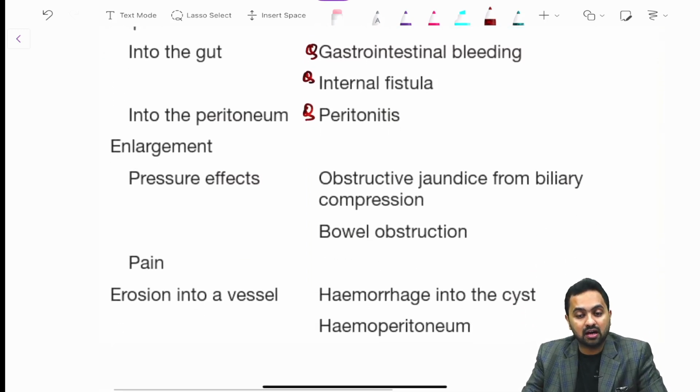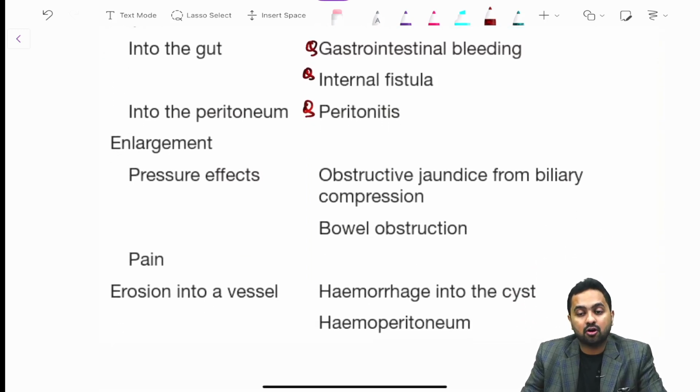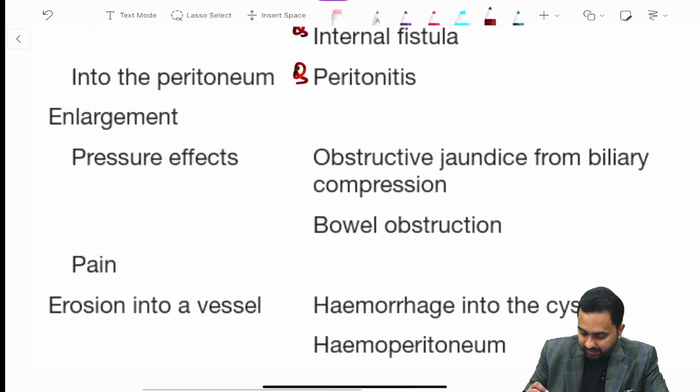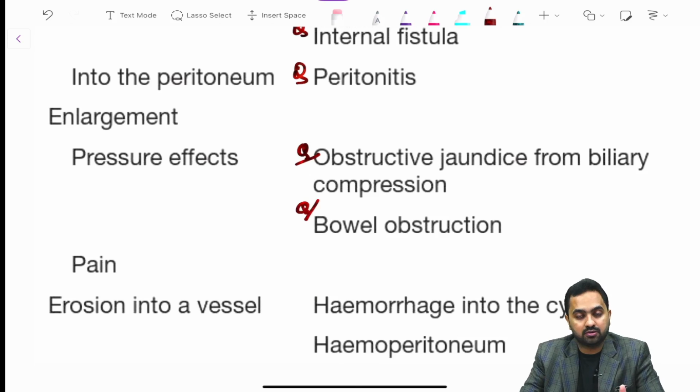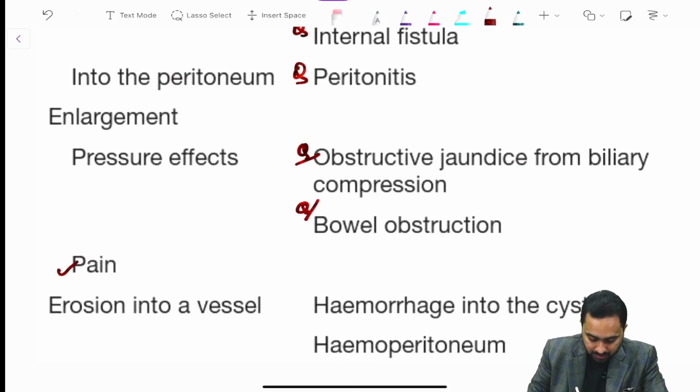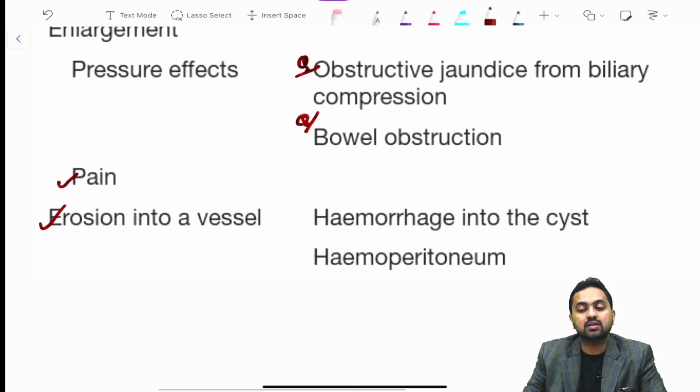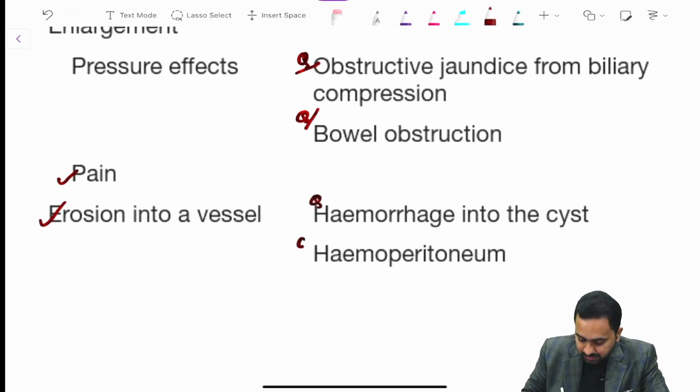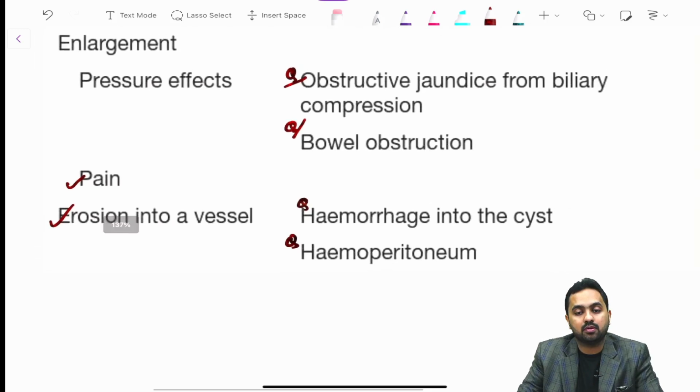Because of the enlargement, pressure effects, obstructive jaundice from biliary compression may occur, or it may lead to bowel obstruction. Then it can cause pain, and erosion into a vessel would lead to hemorrhage into the cyst and hemoperitoneum.